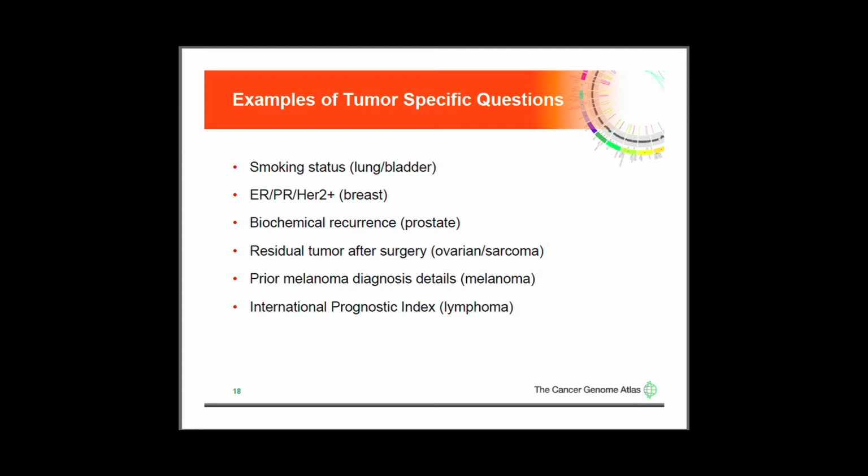We modify the required elements, and we add a couple of additional required elements depending on what the tumor type is. Obviously, if you're looking at lung cancer, you're going to want to know their smoking status. ER, PR, and HER2 positivity is very important in breast cancer, et cetera. So these data are collected as well.